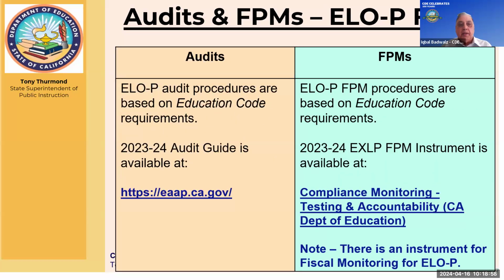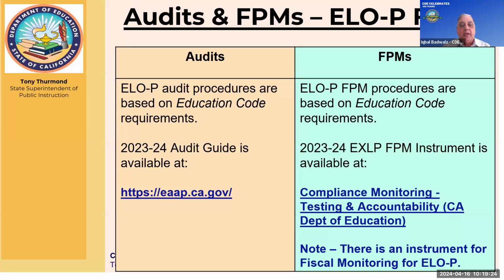So, like I said, we'll be talking a lot about the law. ELO-P audit procedures are based on Education Code requirements. Education Code 46120 is specific to ELO-P. And like I said earlier, we have a big audit committee that is formed of the State Controller's Office, Department of Finance, and California Department of Education with various programs in attendance.